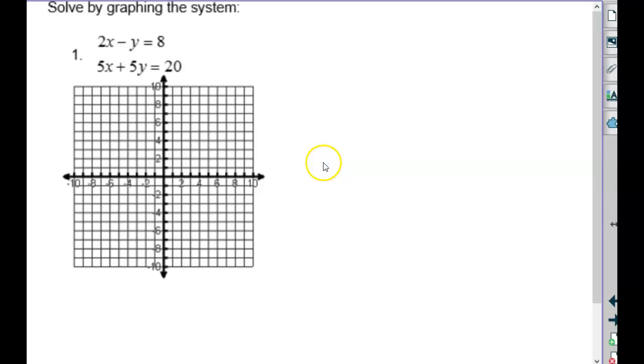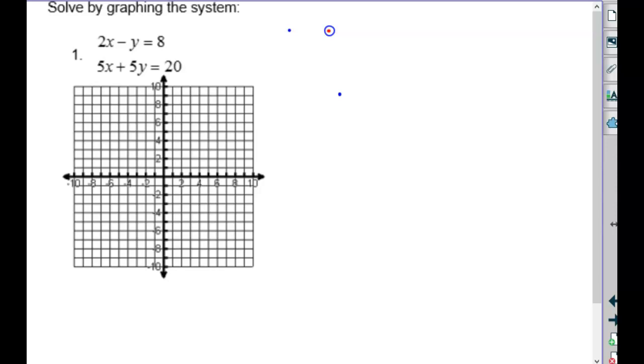Okay, so we can either get it in y equals form or find the intercepts, either way. The first one might not be too hard. Let's see.